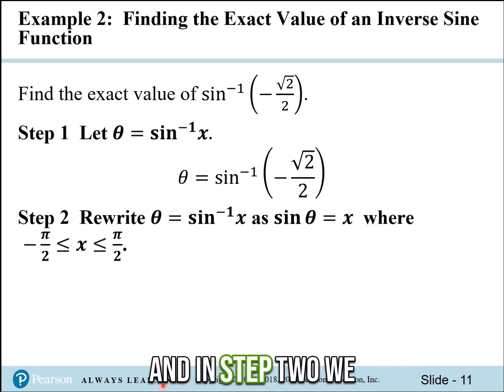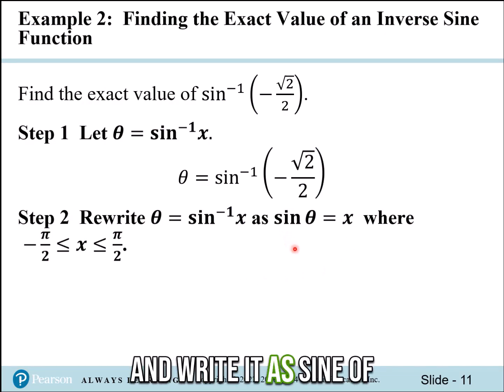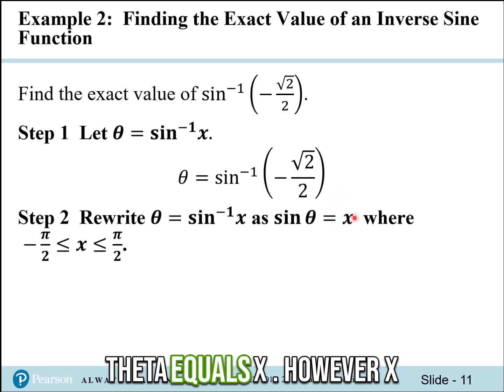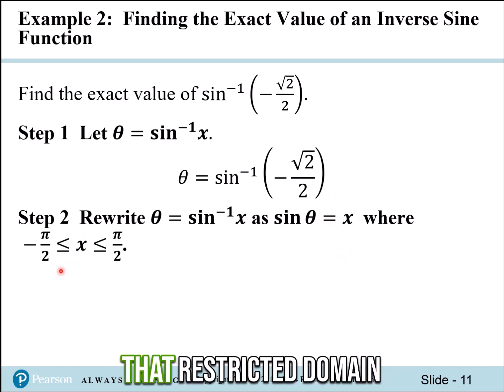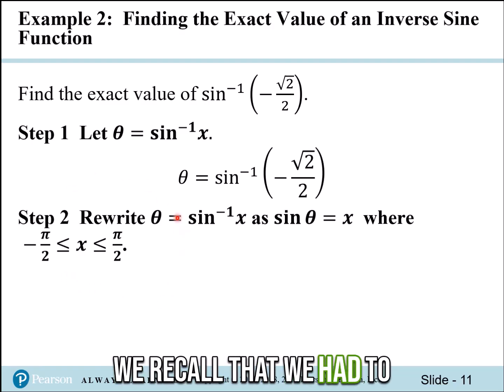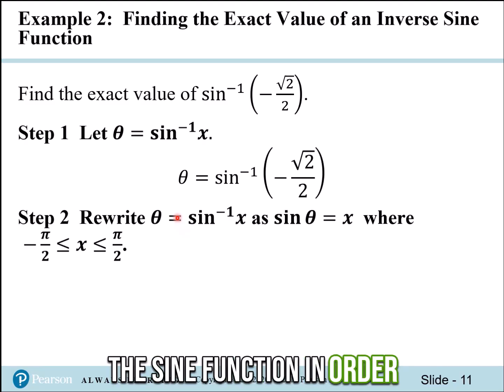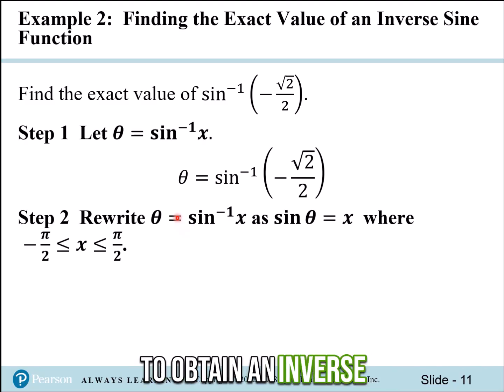And in step 2, we rewrite this equation and write it as sine of theta equals x. However, x has to be a value within that restricted domain within which we are working. Recall that we had to restrict the domain of the sine function in order to obtain an inverse function.